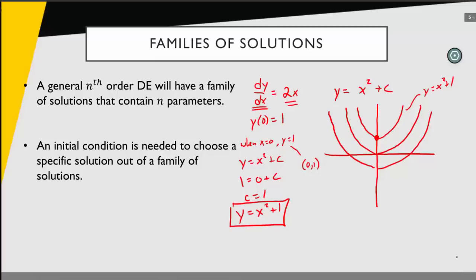So in this case, when x equals 0, for instance, dy/dx would equal 2 times 0, or 0, which means that I should have a horizontal tangent line at that point. And thinking about this parabola, sure enough, that's what I have. It goes flat right at the bottom of that parabola. What happens if x is a number that's greater than 0? Well, if I plug a number greater than 0 into the right-hand side of that differential equation, I would get a positive number.